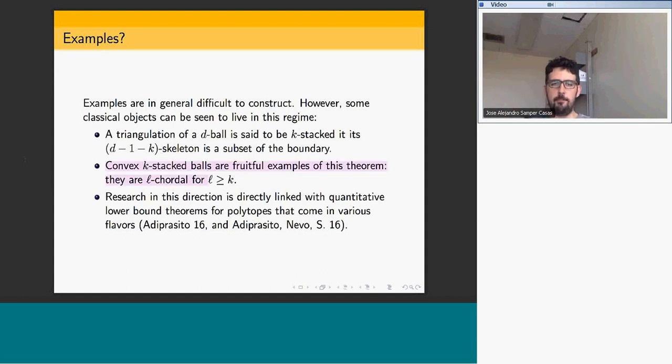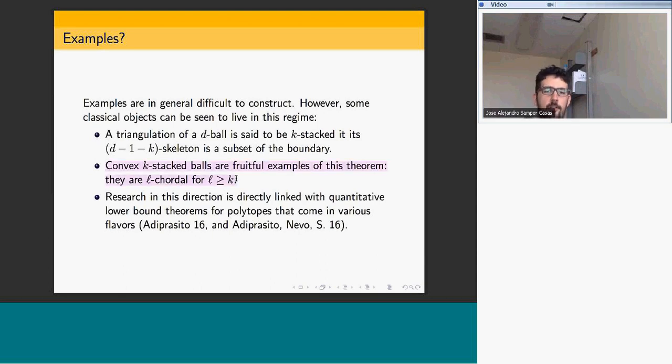Okay, and it turns out that in polytope theory, examples of complexes are k-stacked balls. So when studying face numbers of polytopes, these stacked balls, convex k-stacked balls, play a significant role. It took me a long time to come up with, to draw an example that is not a graph, but is k-stacked chordal.